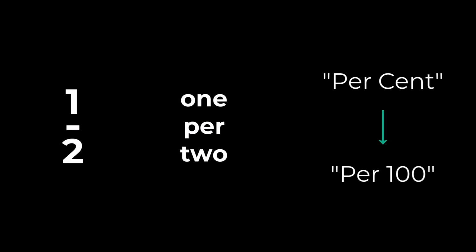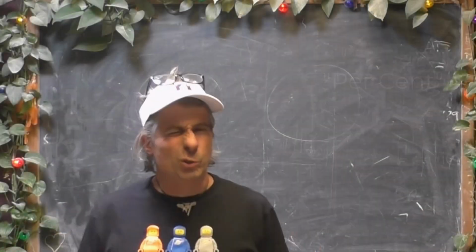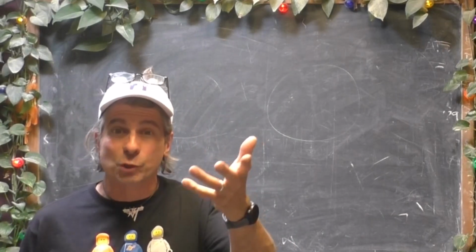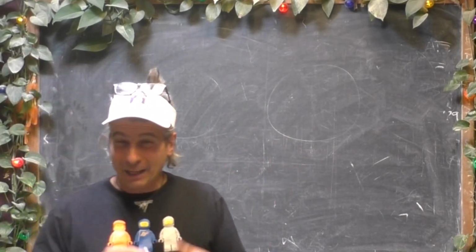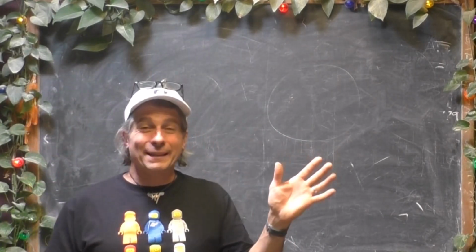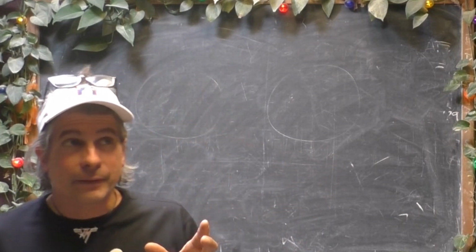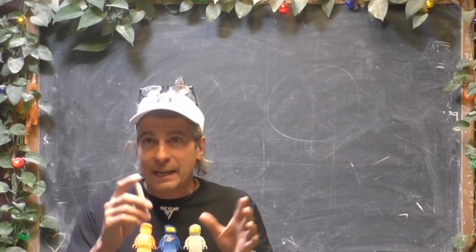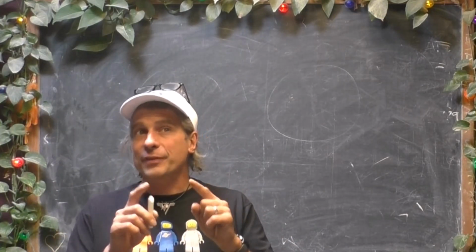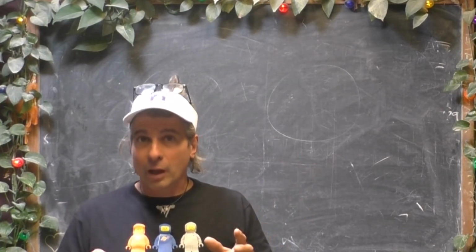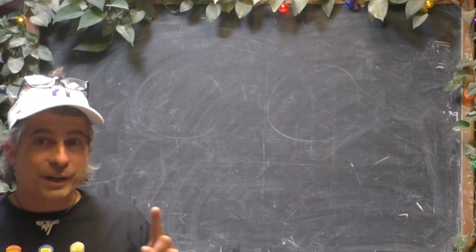Percent means per 100. Real quick historical anecdotal point as to why we use CENT for 100. It goes back to Latin, like so many of our words do in English, and basically the cent can either mean 100 of these make up something, or this something is made up of 100 of something else.